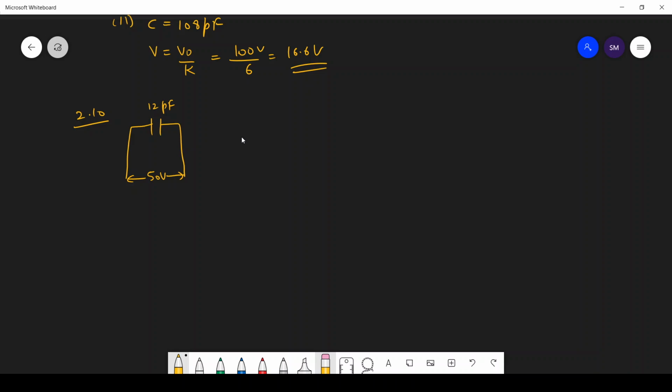We know the formula of electrostatic energy stored, that is half CV square. C is given to us, V is given to us, very simple. So half into 12 into 10 to the power minus 12. Just take care of SI units, into 50, and don't forget to put the square. This comes out to 1.5 into 10 to the power minus 8 joules.